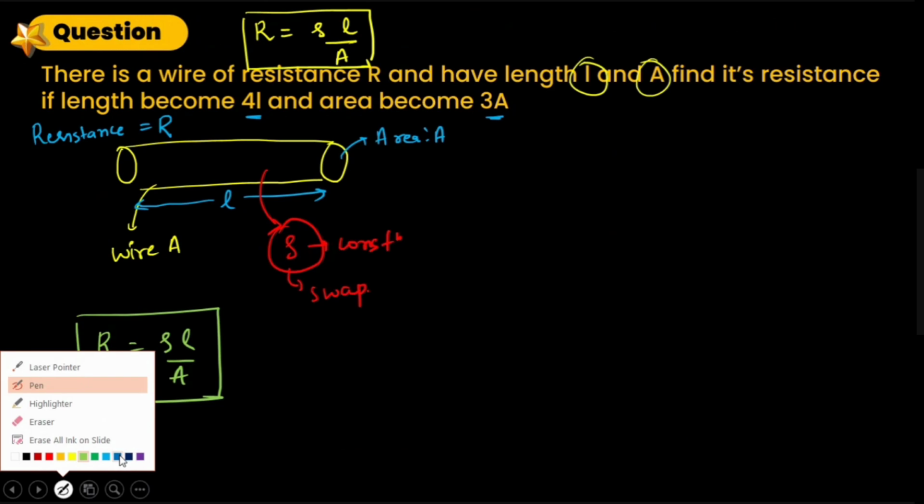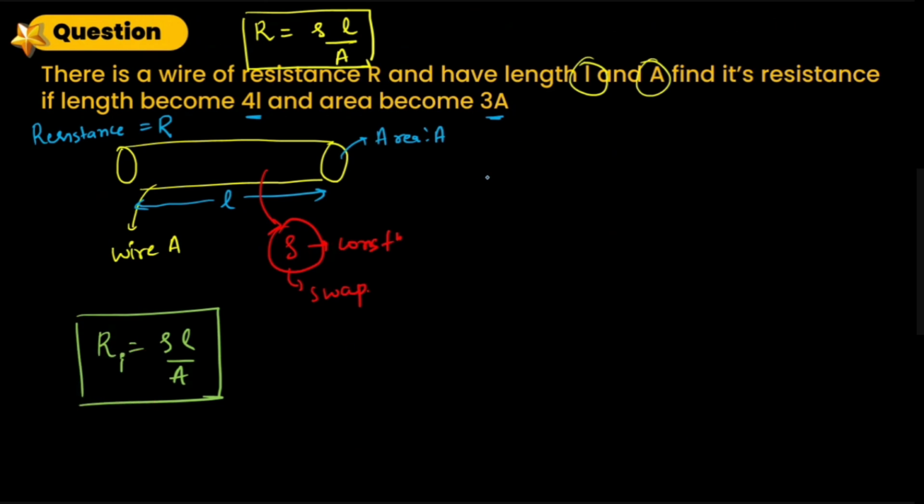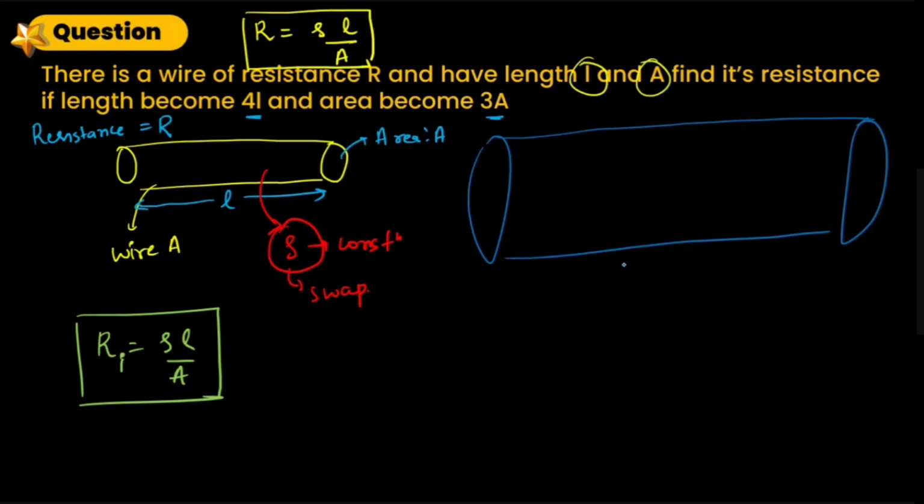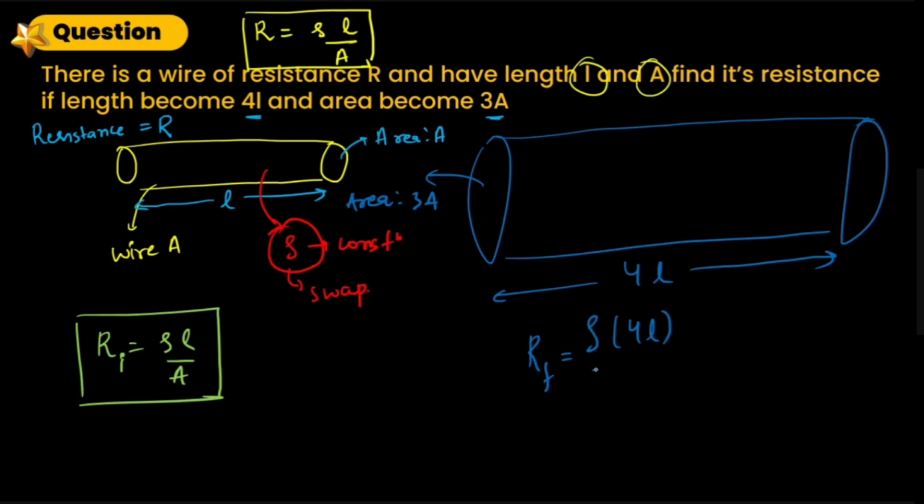Now what we did is we increase the length and area by the following condition, like length becomes 4L and area becomes 3A. So R final will become, like length has become 4 times and area has become 3 times.